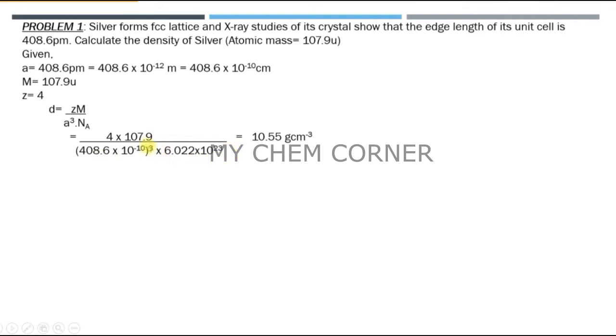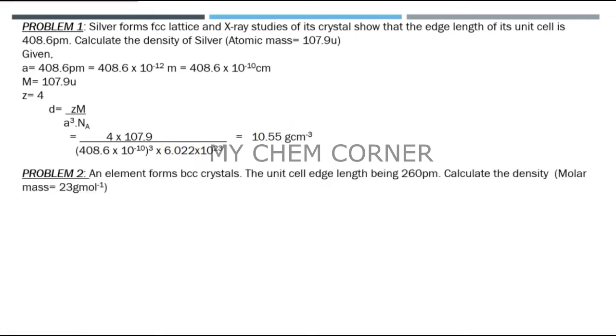So first in the calculation you need to cube this and then do your further calculation. When you solve this completely, your answer here is going to be 10.55 gram per centimeter cube. So this is going to be your value for this particular problem.